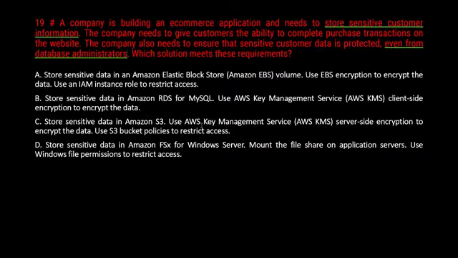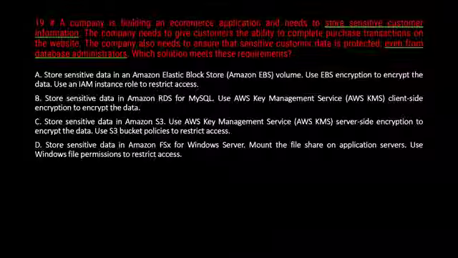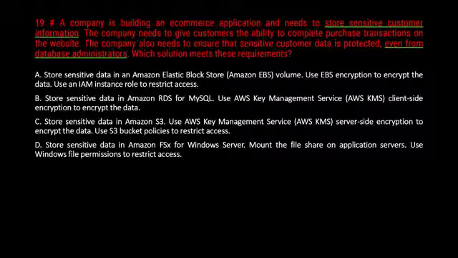All right, so how do we do that? They just want to store sensitive customer information and it should be secured, and customers need the ability to complete purchase transactions on the website, and it should be protected even from database administrators, right? So one tricky question here is, if you look at all these options, let's go through. They're saying store sensitive data.